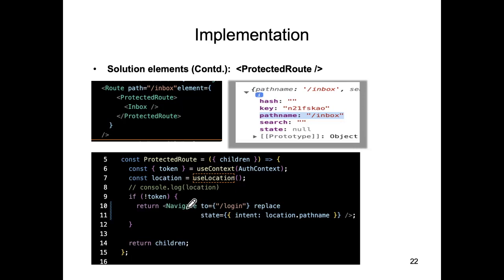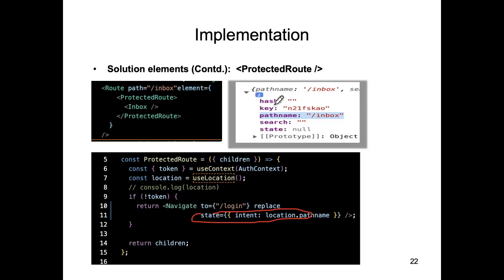Now, coming back to here, though, there's a little bit extra going on in my use of the navigate component here, and it is what's going on down here. I said that every time the browser's URL address changes, the React Router library creates an instance of the location object.